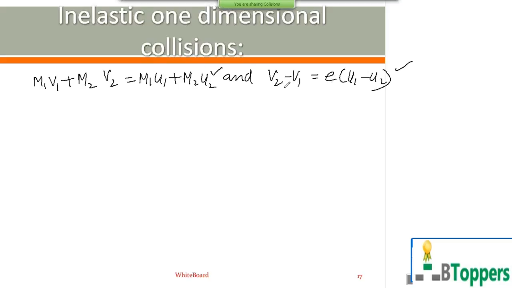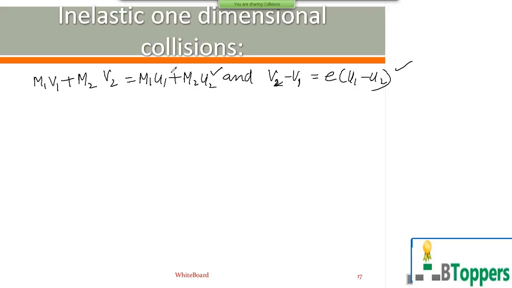So if you can solve these two equations, the same manner I have solved the same two equations with E equal to 1 in the case of one-dimensional elastic collisions. So repeating the same procedure as I discussed earlier, of course, we don't have the derivation for expressions of V1 and V2 for one-dimensional inelastic collisions in board exams, but still I would like to discuss it.